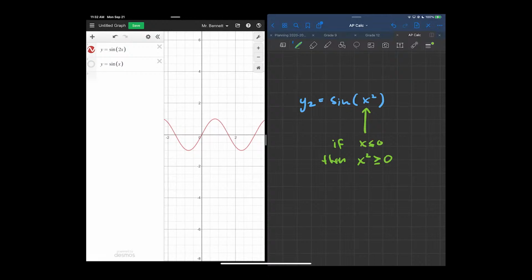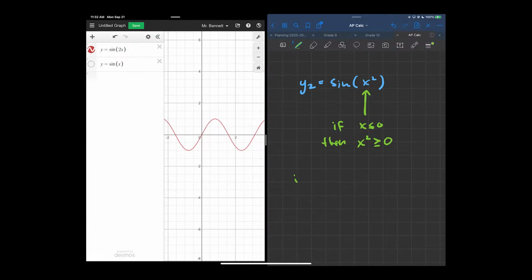Now, if x is greater than 0, does that mean that sine of x is greater than 0? So if I have a positive value and I take the sine of that positive value, will I still get a positive value back?